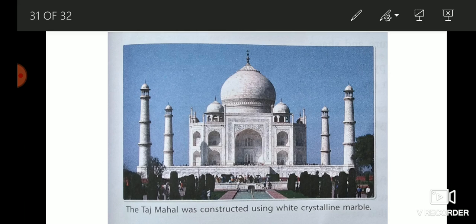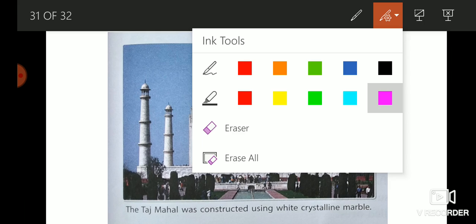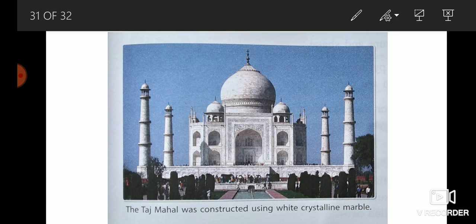Agra is a city where the Taj Mahal is situated, and the Taj Mahal was made by the Mughal king Shah Jahan, who constructed this Taj Mahal.